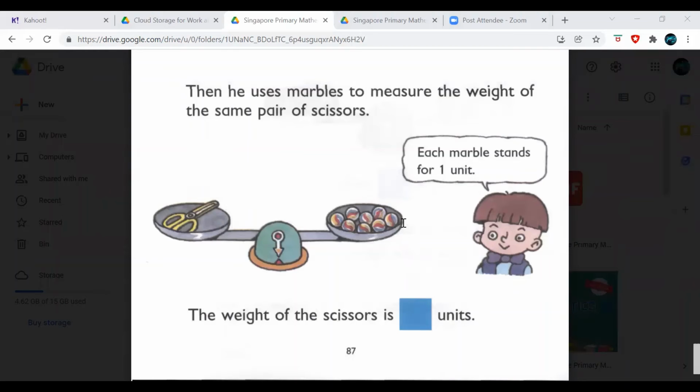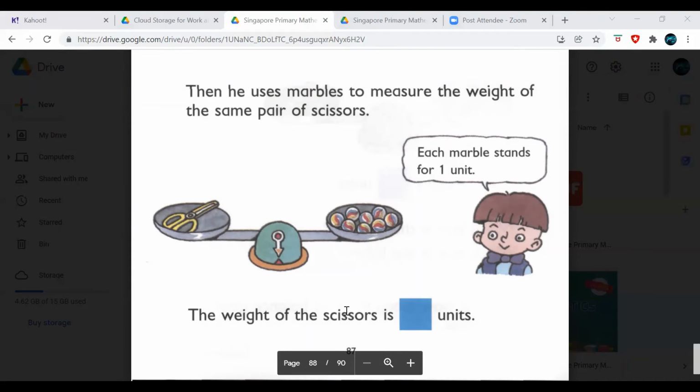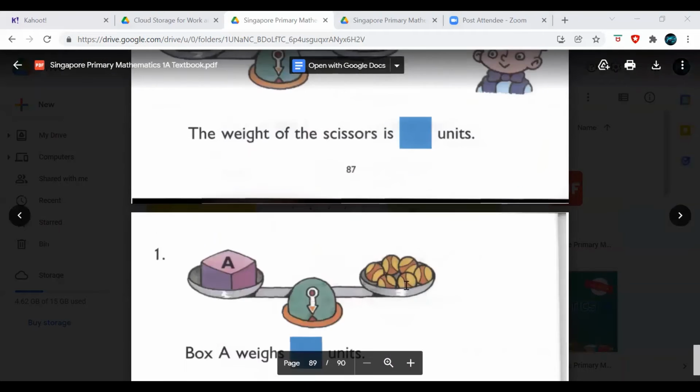So how many marbles balance out the scissors? 8. Nice. Okay, so again, because it takes 8 marbles to balance out the scale, we know that the weight of the scissors is as heavy as 8 marbles, or we can call it 8 units.